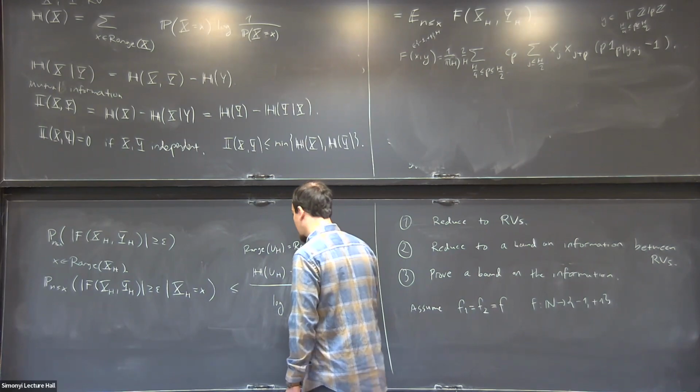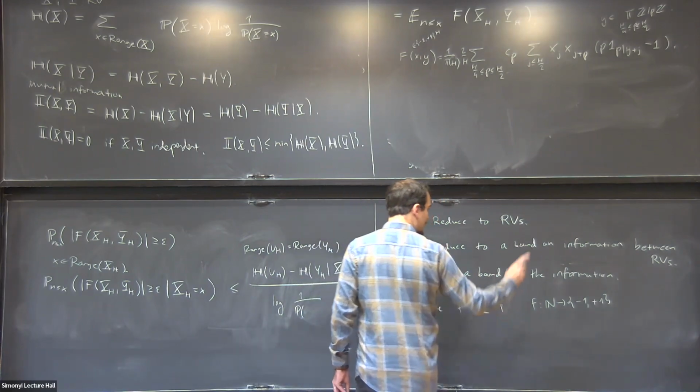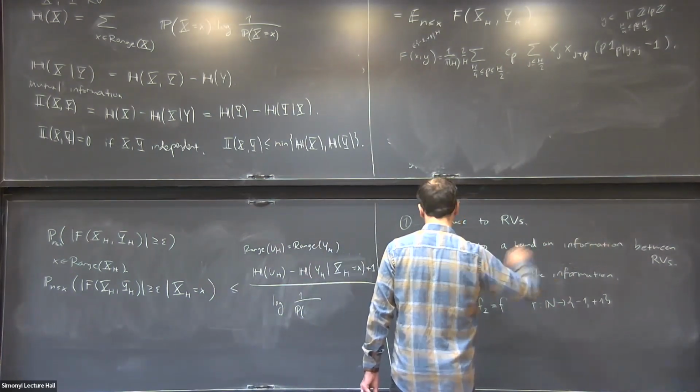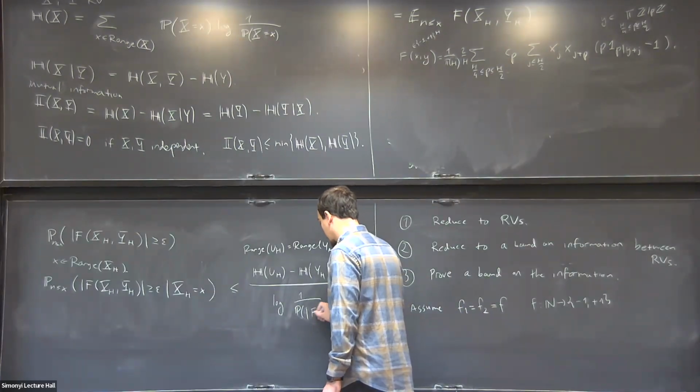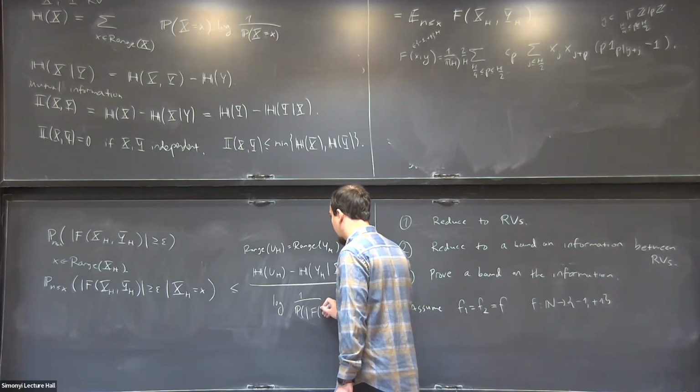And now the probability, so we replaced y by u, so the genuinely uniform random variable.